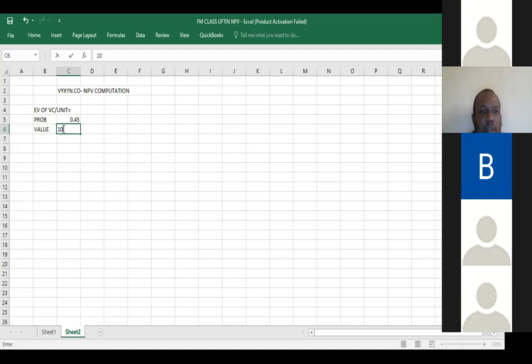Then for the second one, moderate, that's 35%, so 0.35. Then variable cost is 12. And for the last one, 20%, so 0.2, and our variable cost is 14.7.